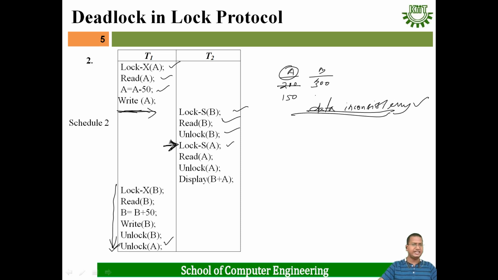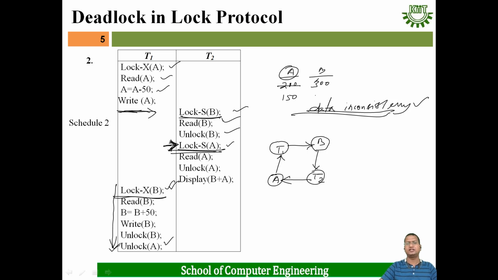But does any other problem arise here? We have to see. Initially, transaction T1 has applied a lock on A. That means T1 is holding A. Similarly, T2 is holding B. It has applied lock S on B. And T1 is requesting lock X on B. And T2 is requesting a lock on A. That means a cycle is present.